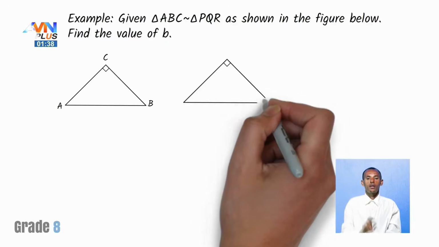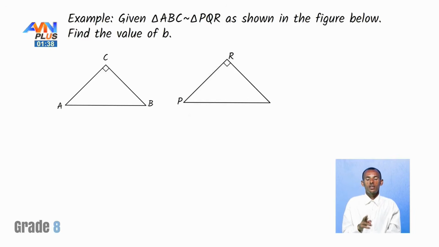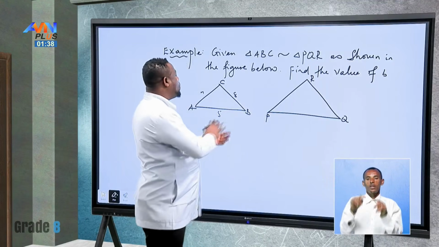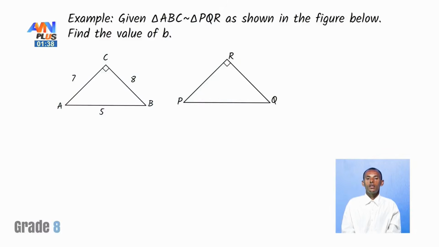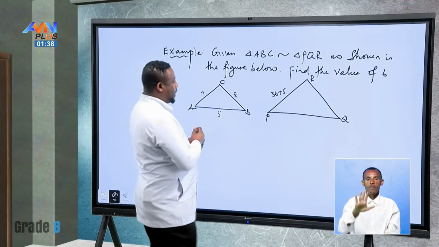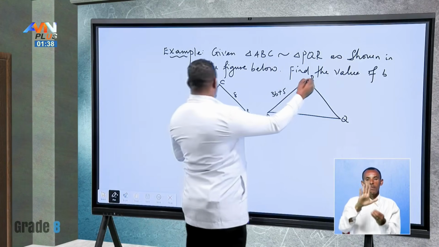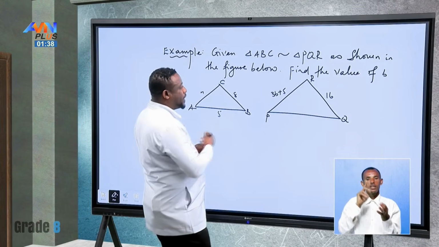The sides of this triangle are 7, 8, and 5, and the sides of triangle PQR are 3b plus 5, 16, and the third side of triangle PQR is 10.